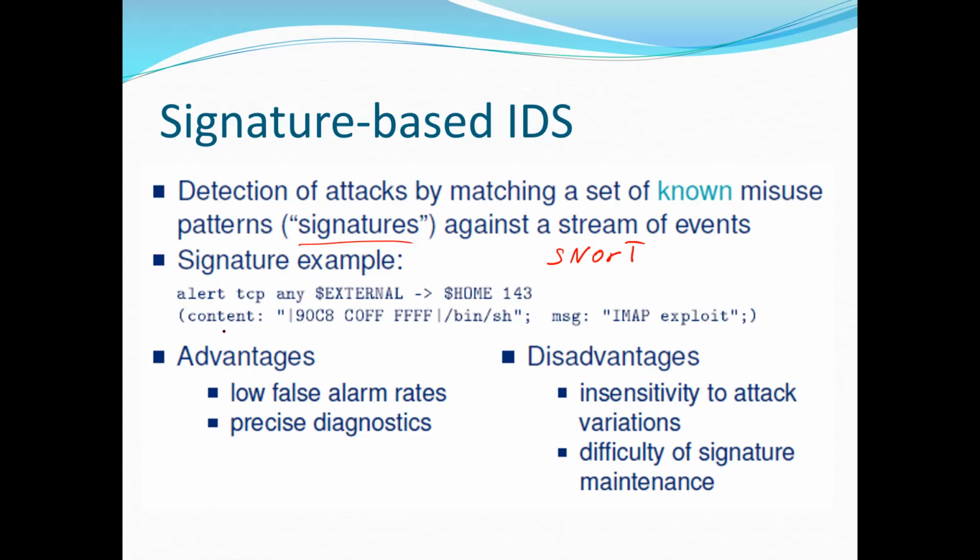I'll explain it a little more later, but it explains the action for the IDS to take for a packet that is TCP, from any IP to some, that's a variable, so maybe a set of IPs, in that direction to that port.